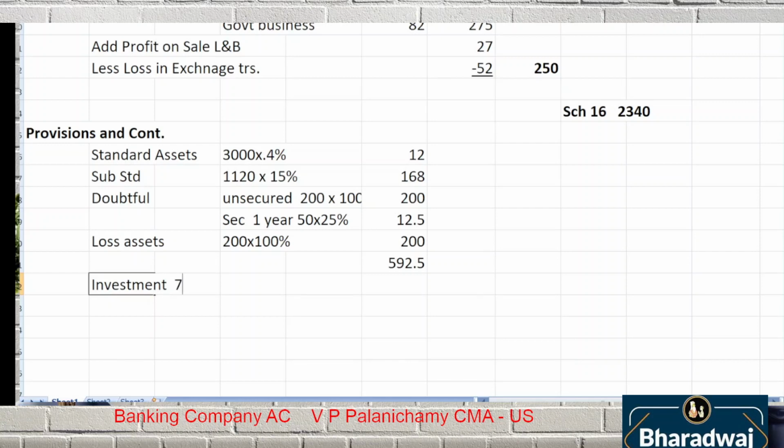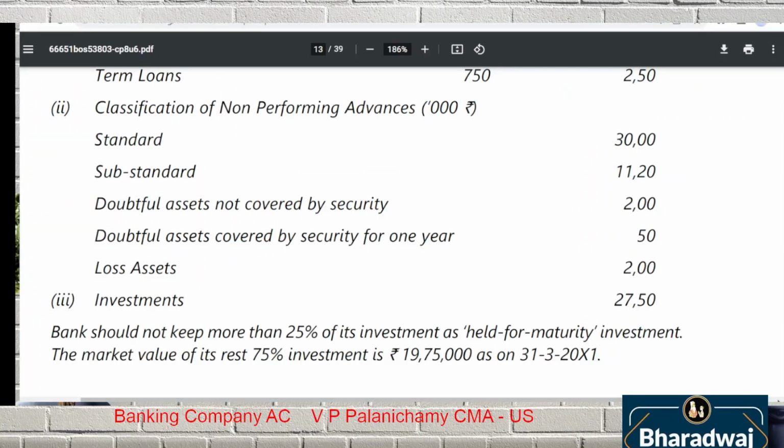What is the total investment? 75% of the total investment you have to take. 75% can be held as what?